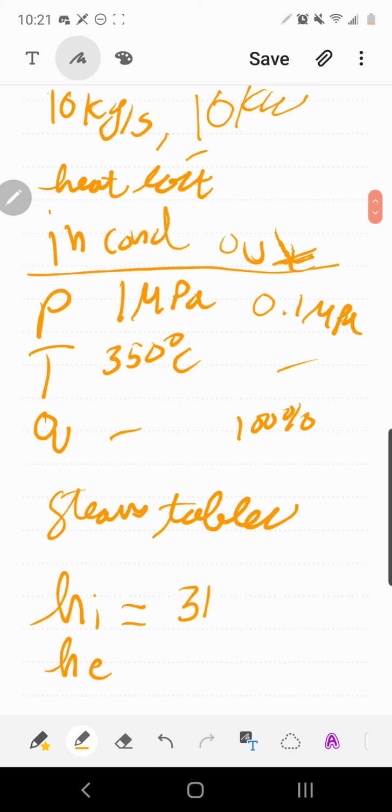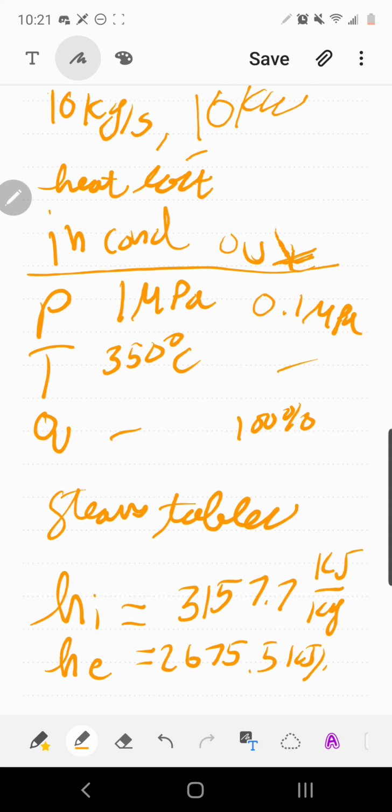This is going to be 3157.7 kilojoules per kilogram, and this is going to be 2675.5 kilojoules per kilogram.